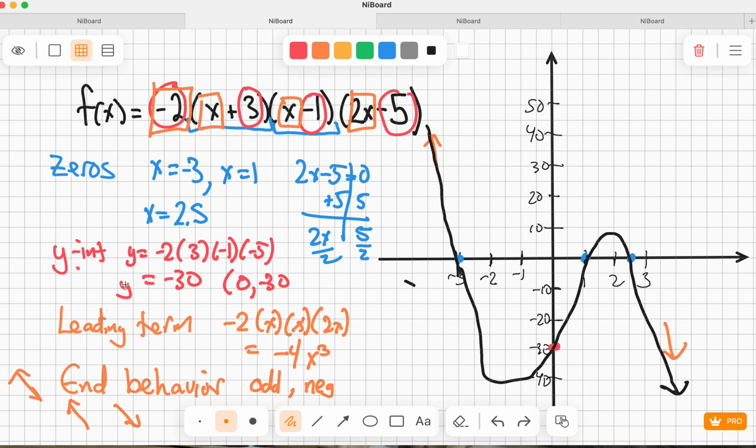A reminder to find your y-intercept, if it's not 0, you just take the constant terms from each factor and multiply them together. So then with the leading term you can get, is it even, odd, is it positive or negative, and give you your end behavior. And then we go graph this.